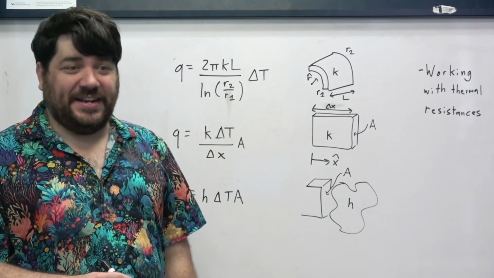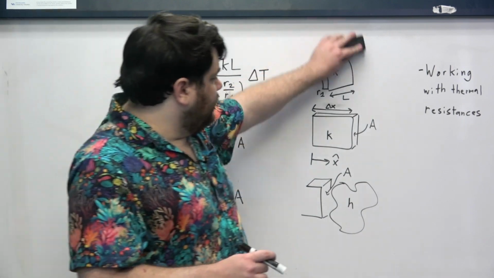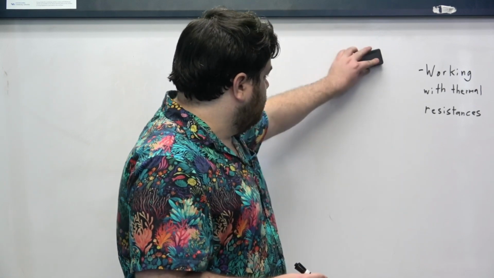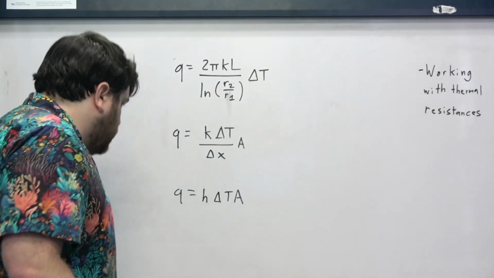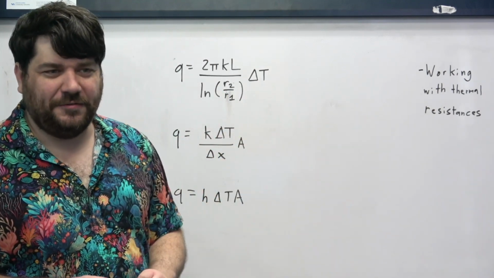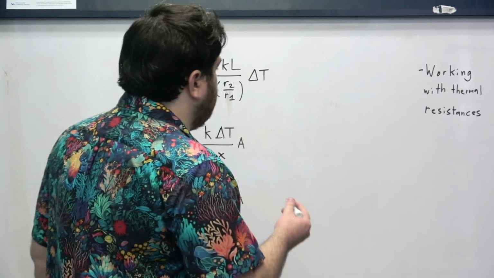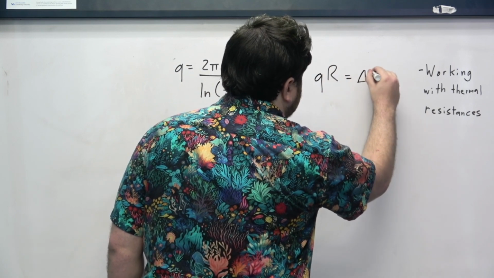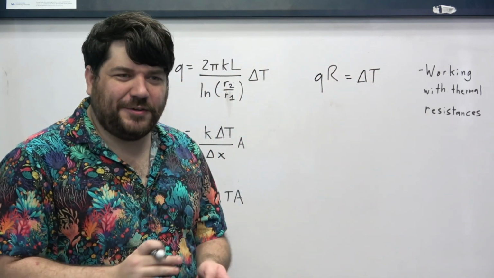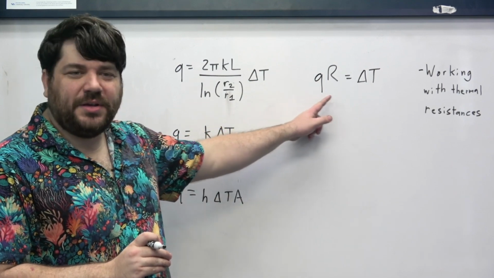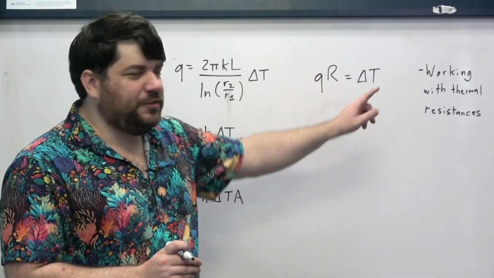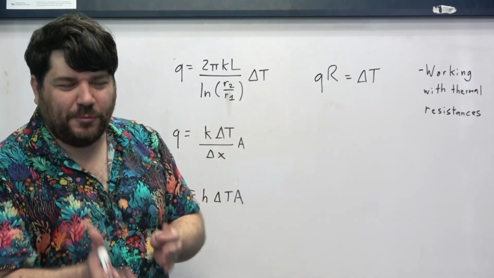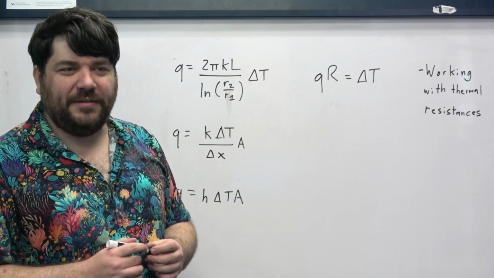So what is the idea? The idea is that for all of these systems, we can condense our understanding of them together by saying, well, what if we created a law that said, in plain terms, that the heat transfer rate has a linear relationship to delta T, and that the only thing that changes is this R, depending on what the geometry or the behavior of the system is.